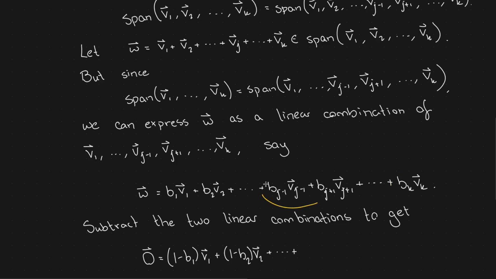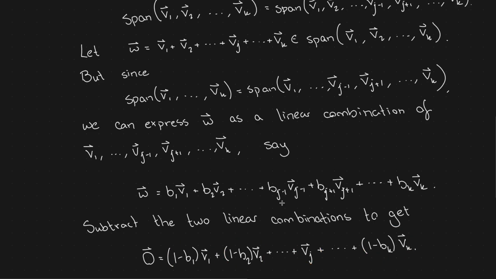But remember, there is one missing here, right? In between j minus 1 and j plus 1, I don't have any jth term. So when I take Vj here, I have nothing to subtract it from over here. So I'll just have 1 Vj. Not 1 minus Bj Vj, because there's no Bj Vj in here. Okay? And so this is kind of the weird one out. All of the other vectors have this form, but not that Vj.